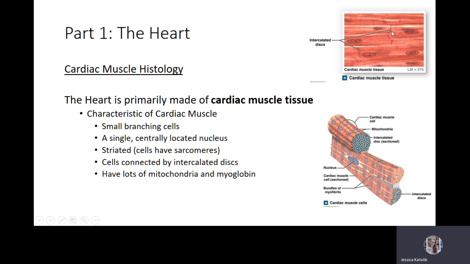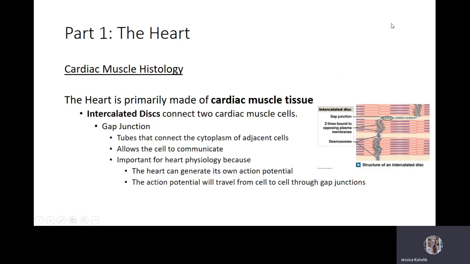But the most important structures that I would like to focus on here are the intercalated discs. Intercalated discs are going to be special regions in which the 2 cardiac muscle cells actually attach to each other using proteins that will form gap junctions and desmosomes. So let's talk about it together. We're going to have intercalated discs connecting 2 cardiac muscle cells.